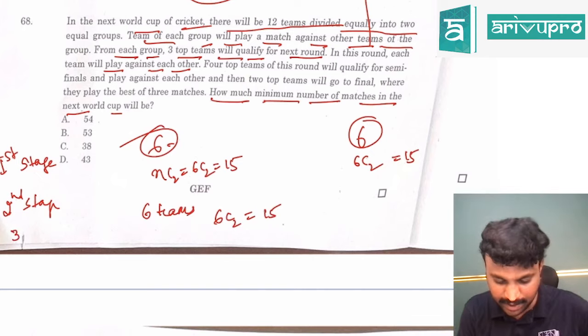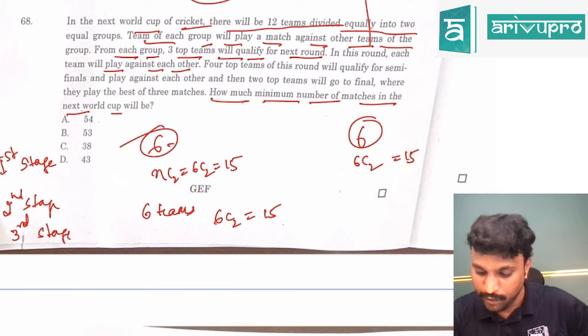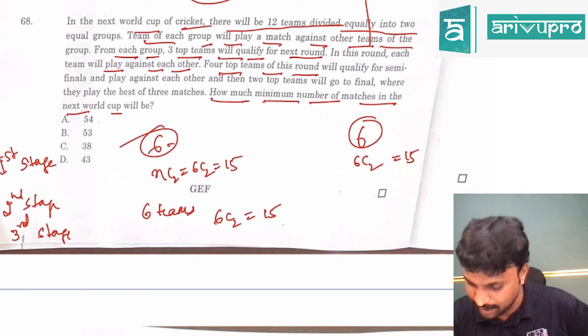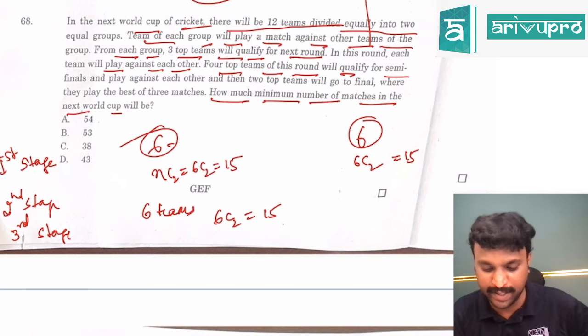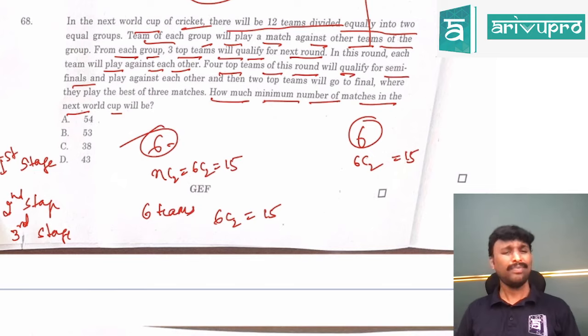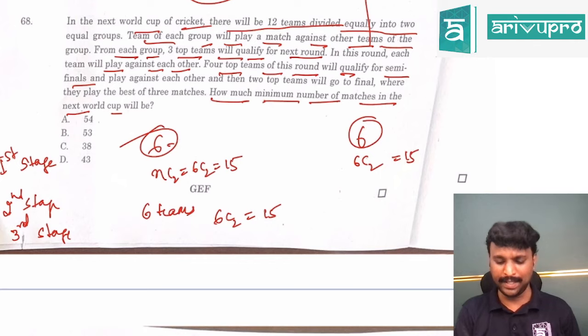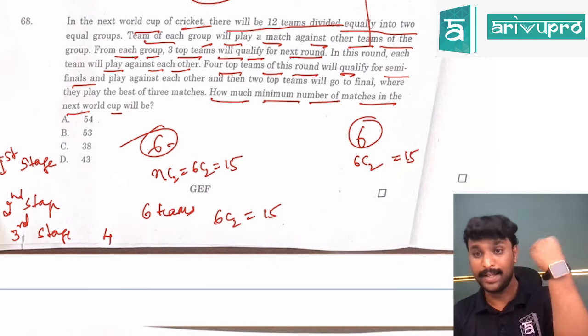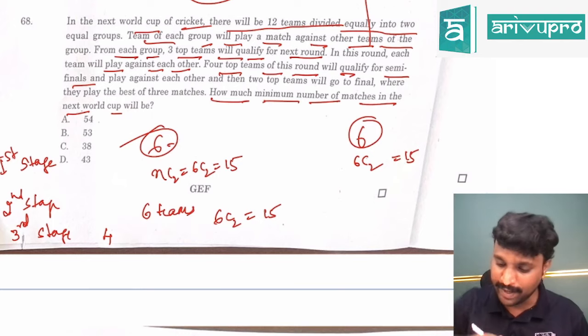Now the third stage, the semi-final. The 4 top teams in this round will qualify for the semi-finals. Guys, 4 top teams, that means 4 teams. In the semi-final, what happens?